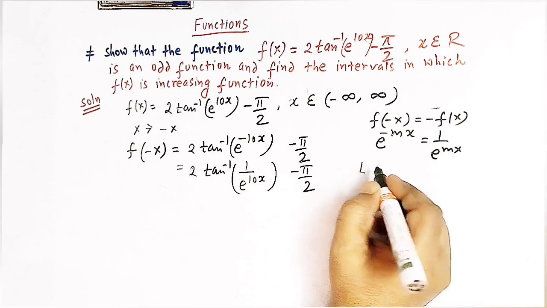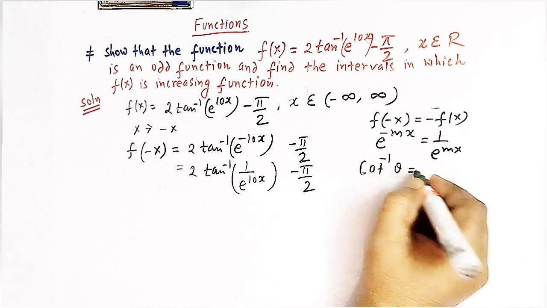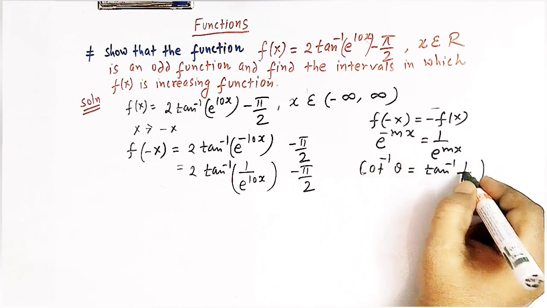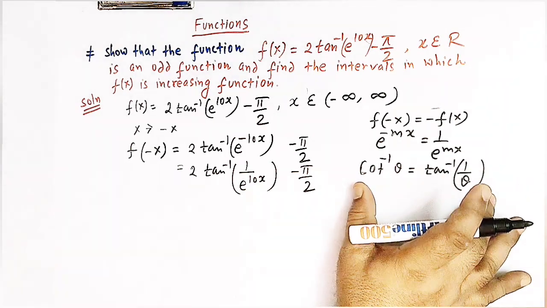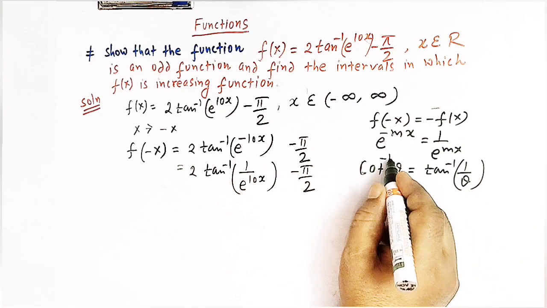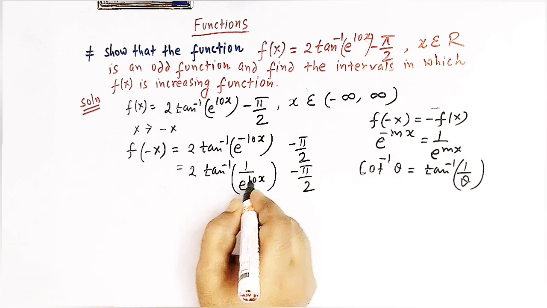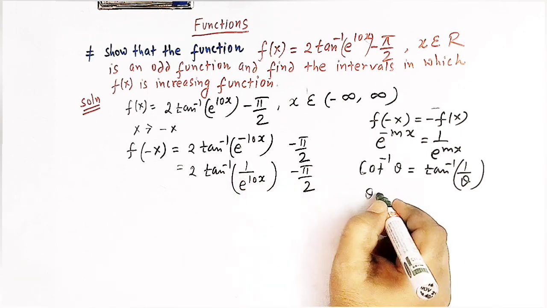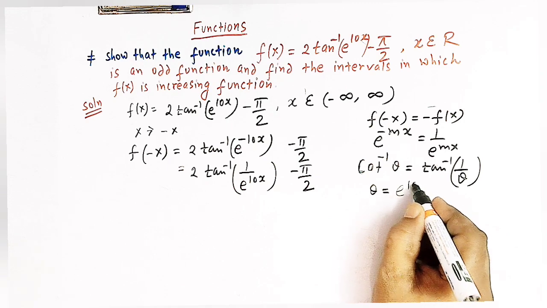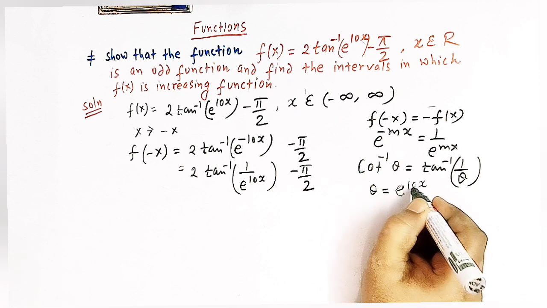So we know that the cot inverse of say theta is equal to tan inverse of 1 over theta. So this is an important identity from inverse trigonometric functions. So cot inverse theta is equal to tan inverse 1 over theta. So here our theta is equal to e raised to 10x, right? So theta can be taken as e raised to 10x.